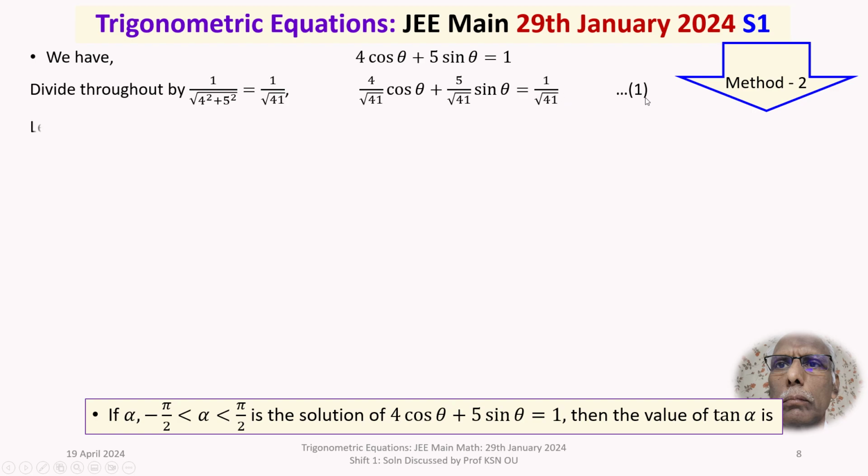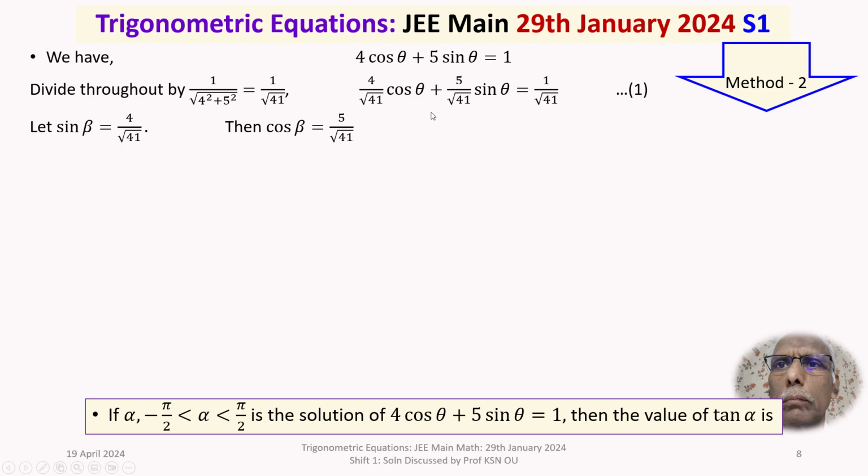This is equation 1. Now let sin beta is equal to 4 by root 41. These steps are very familiar to us. We have done it quite a good number of times. When sin beta is equal to 4 by root 41, then cos beta will be the square root of 1 minus sin square beta. That will come out to be 5 by root of 41.